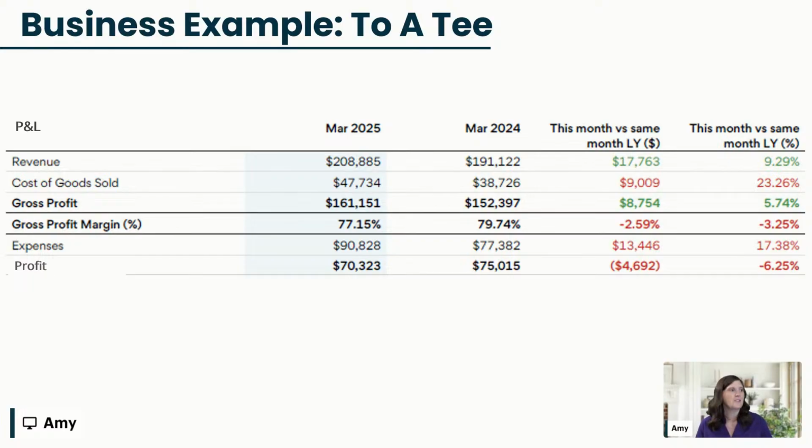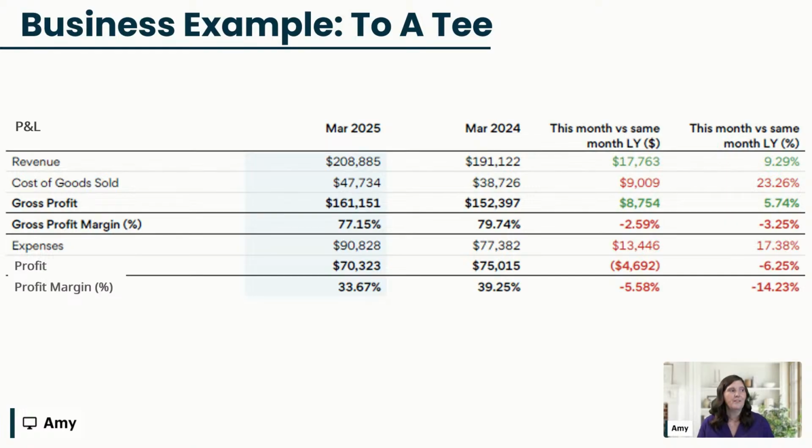So better said, $70,000 of that $209,000, we get to keep after we get all of our bills paid. The same number last year was 75,000, so we're keeping less. That's never a good thing. We want to keep more. In this case, it was almost $5,000 less, or 6% less.